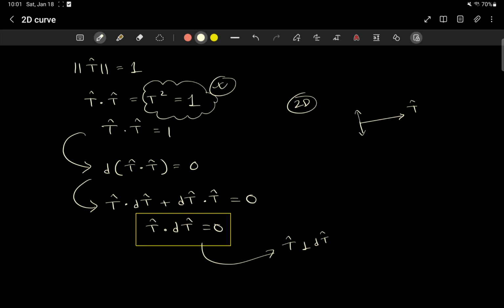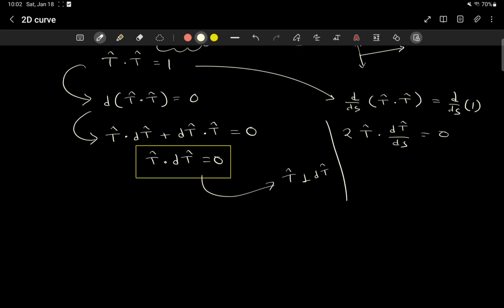Now what we will do is follow it from here, and we will differentiate it with respect to a parameter s. I will show you in a minute what s actually is. So d ds of t dot t is equal to d ds of 1. Of course, the right side is 0, and the left side will give us, in the same manner, 2 t dot dt ds.